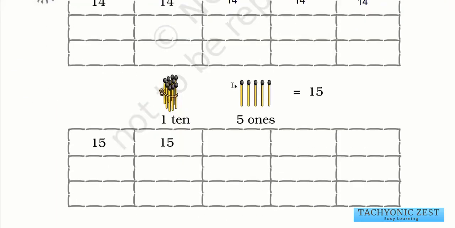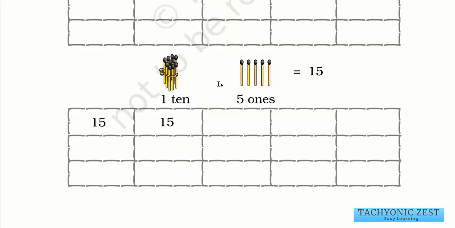Let us see the next one. 110 5 ones. So again we know 110 is equal to 10 and 5 ones is equal to 5. So 110 is equal to 10 plus 5 ones. So 5 ones is equal to 5. So how much do we get in total? 10 plus 5 is equal to how much?